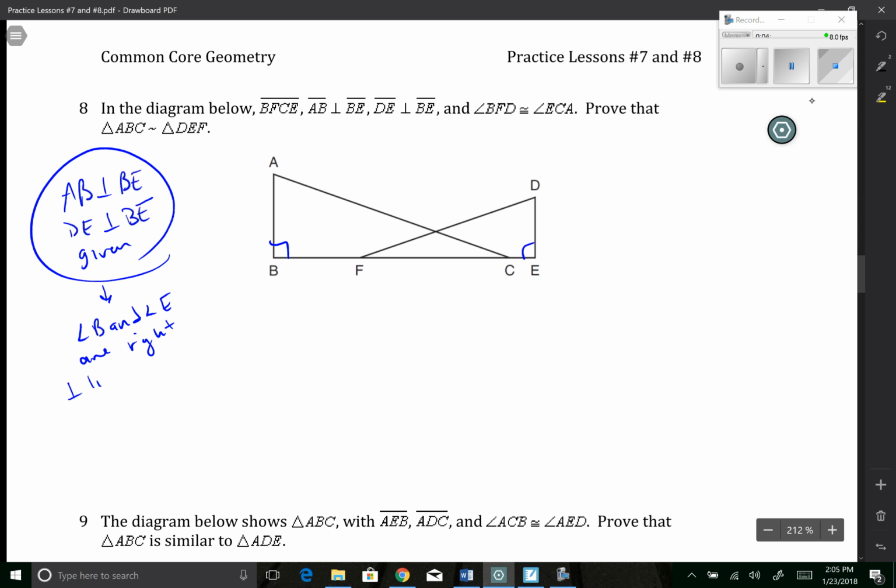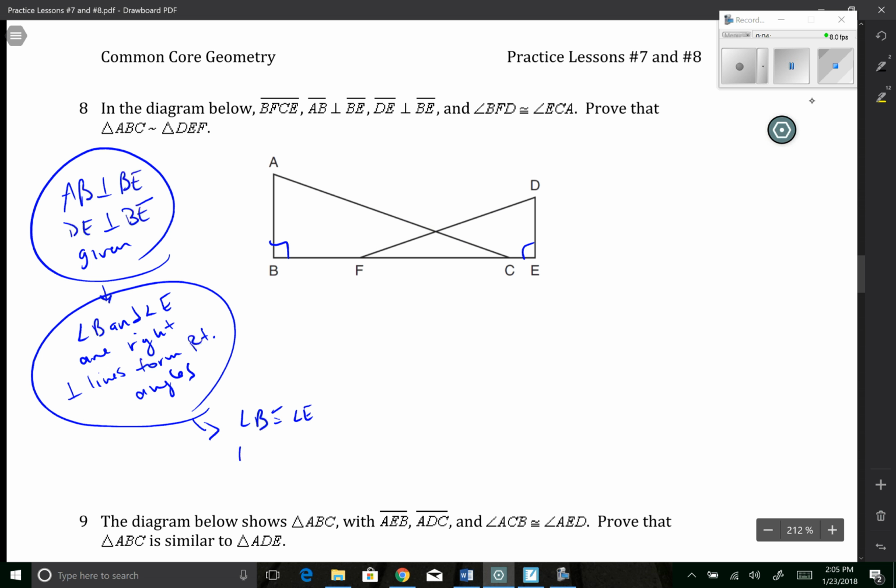And that's because perpendicular lines form right angles. And then from there, I could say angle B is congruent to angle E because all right angles are congruent.